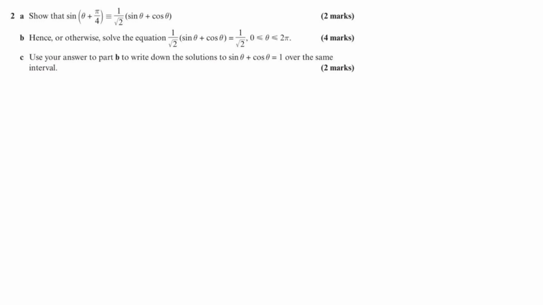If you remember from the previous class, sine of theta plus pi over 4 is equal to sine theta cos pi over 4 plus sine pi over 4 cos theta.